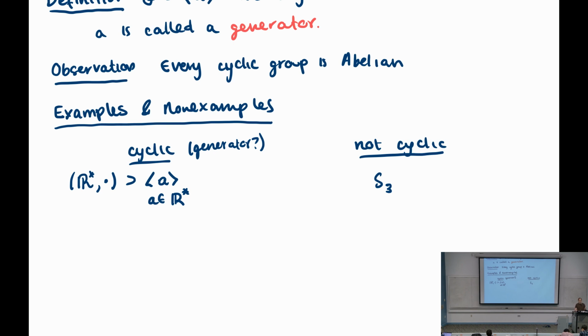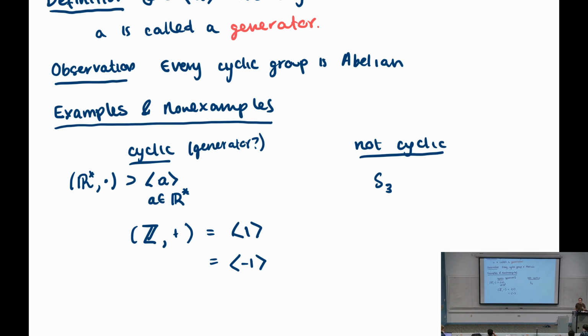The integers, and what's a generator for the integers? With addition, this is generated by just the element 1. You could take the element -1 as a generator also. Good.